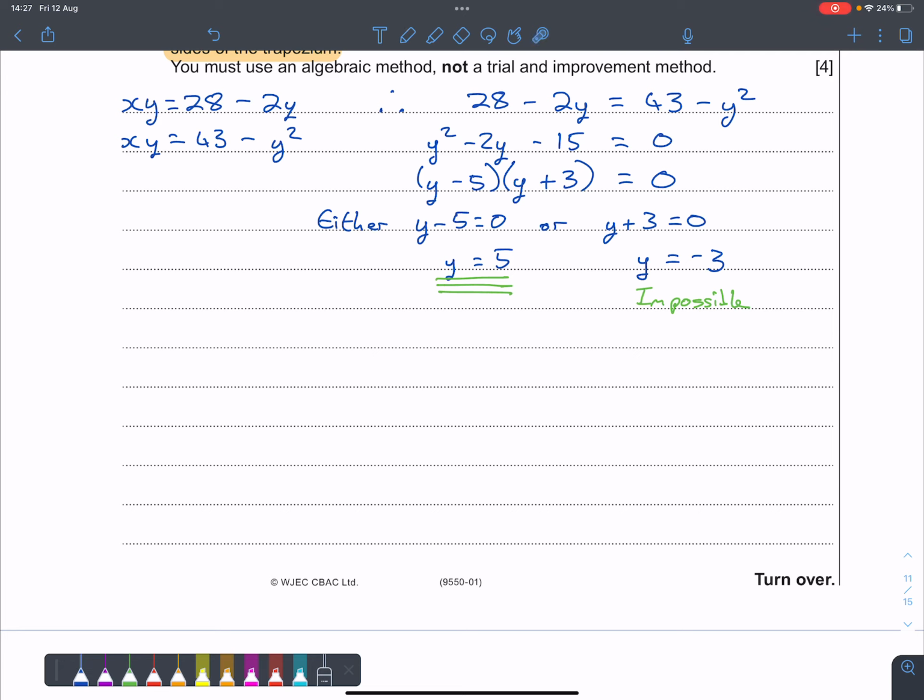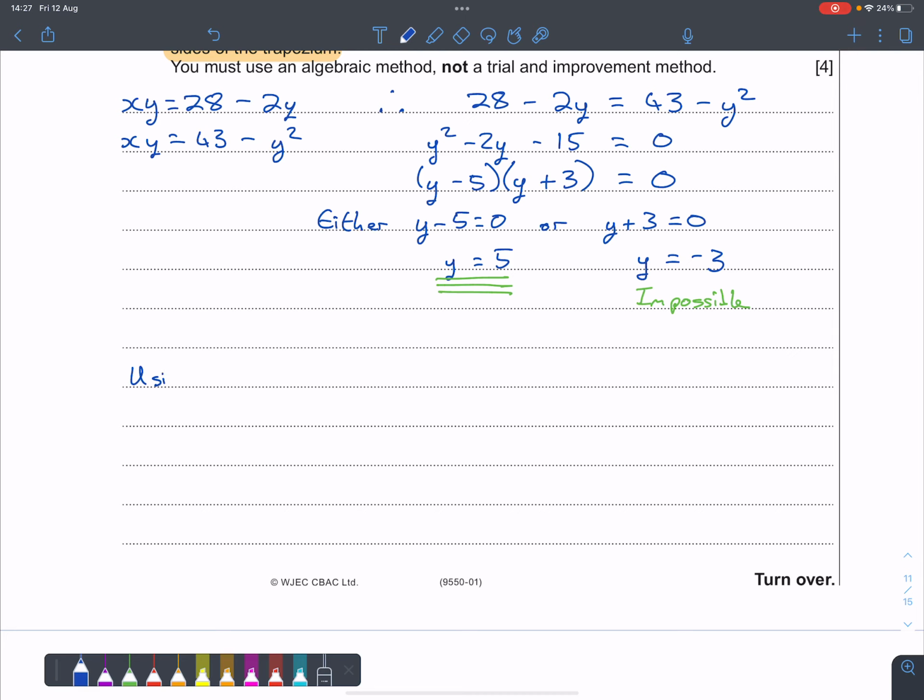So therefore, my y is going to be equal to 5. So this has to be the correct one. Now I have two expressions here that involve x and y. If I substitute in my value of y, I should be able to find my value of x. So I'm going to substitute y equals 5 into this expression here.